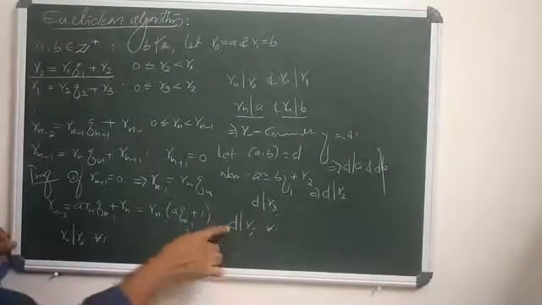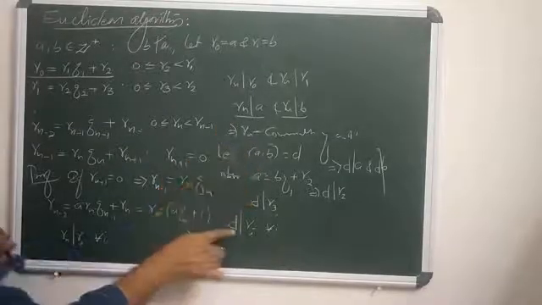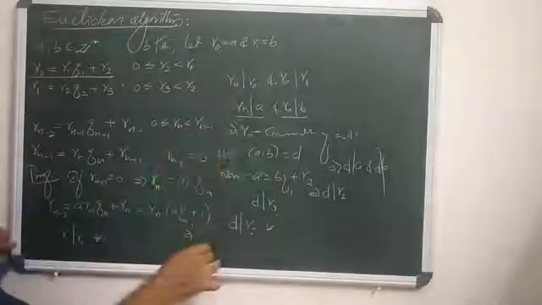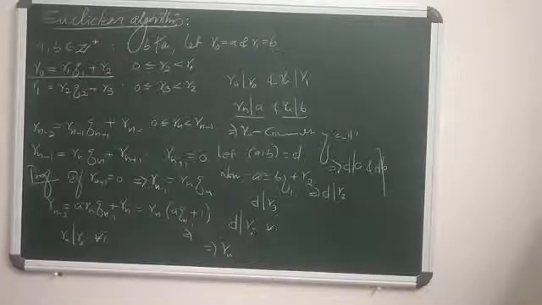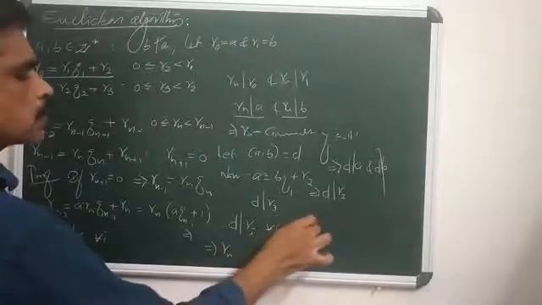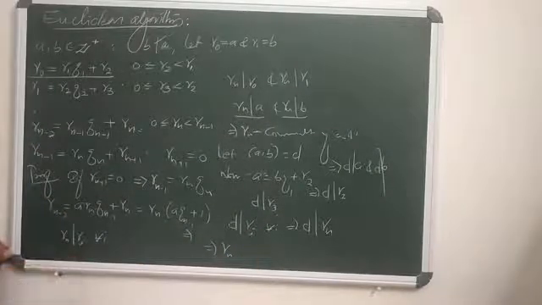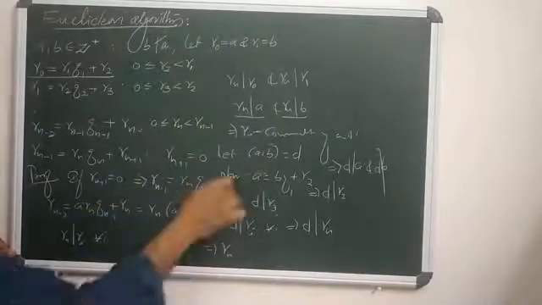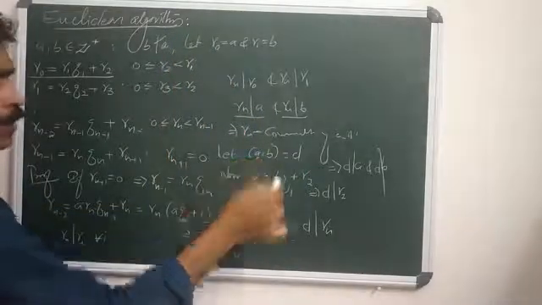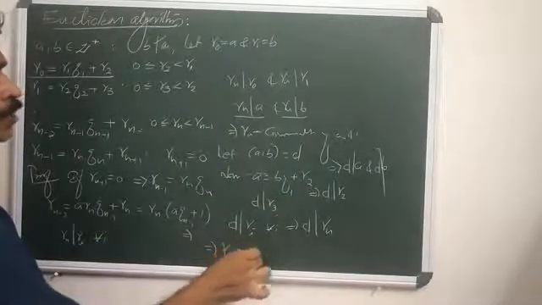If D is another divisor of A and B, then D also divides Rn. D divides Ri for all i means D divides Rn. Why? Because Rn divides Ri. So Rn is a common divisor of A and B, and if there exists another divisor D of A and B, that D also divides Rn, then Rn is the greatest common divisor.